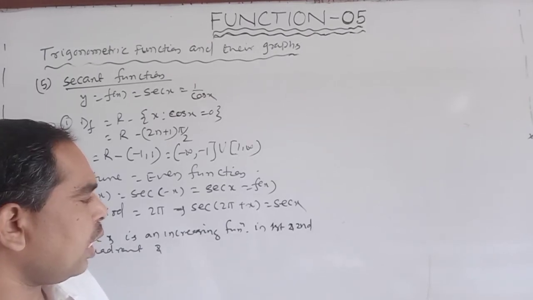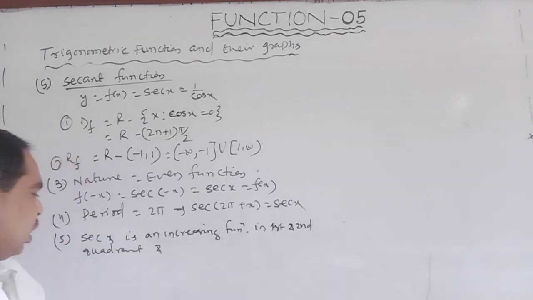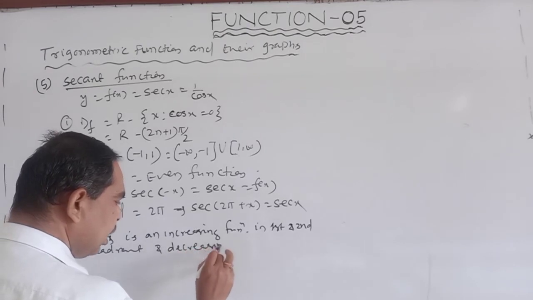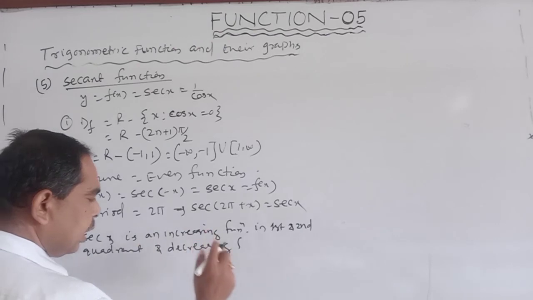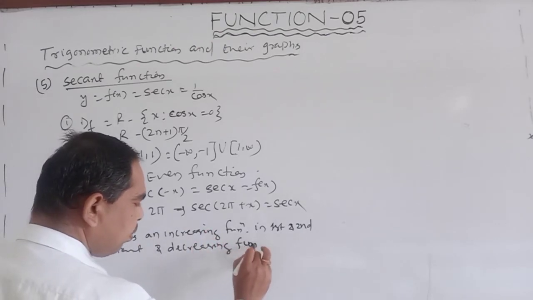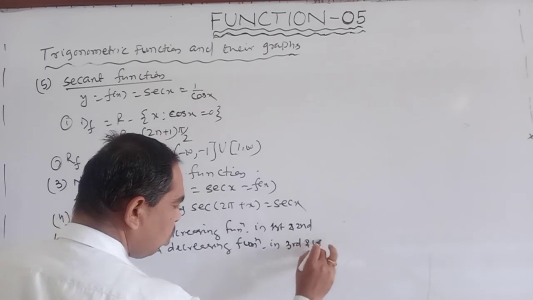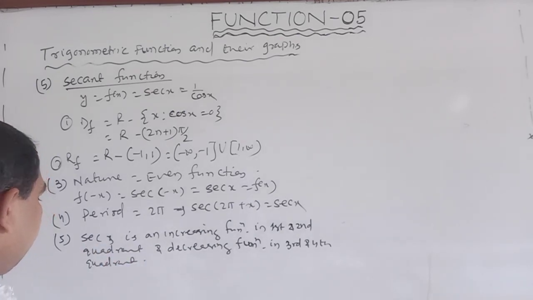In the third quadrant, minus 1 to minus infinity, so it is decreasing. Sec x is a decreasing function in the third and fourth quadrants. Okay, third and fourth quadrants.